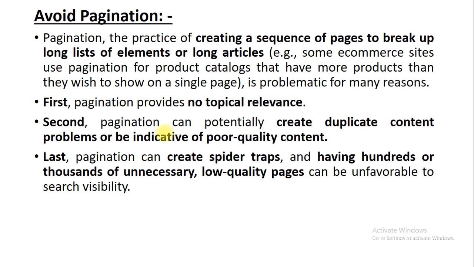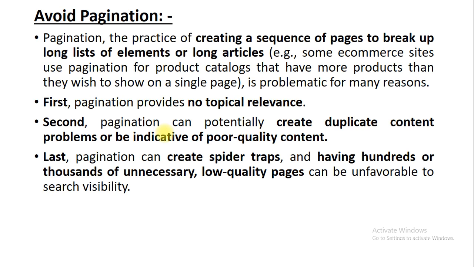Similarly, if your page contains duplicate content, that is, content which another website also contains, or you have designed poor quality content, meaning the quality or presentation of your content is not good enough to attract the customer, at that time you can use pagination.